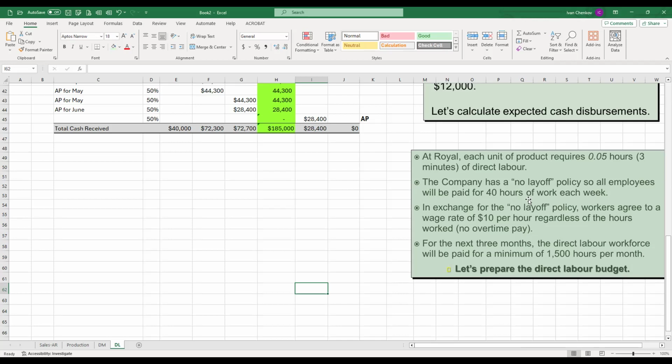The company has no layoff policy, so all employees will be paid 40 hours of work each week, regardless of the hours they work. Watch this: if they work less than 40 hours, they're going to be paid 40 hours. If they work more than 40 hours, we're still going to pay them, but we're not going to pay them overtime.